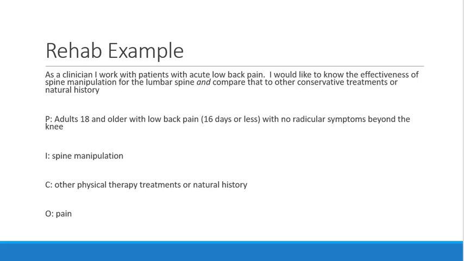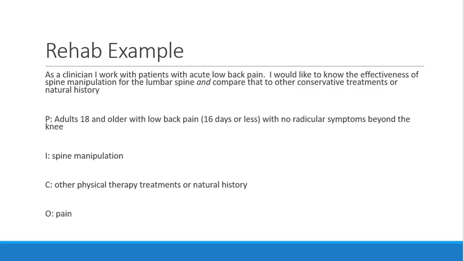The intervention being spine manipulation. The control, putting other physical therapy treatments or natural history. And so you can do that. You can have potentially multiple things in there. And there's a potential rationale for it because somebody may not be able to get in quickly to a rehabilitation professional, and so just seeing how they improve over time.